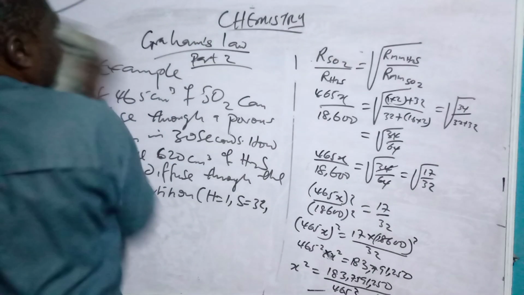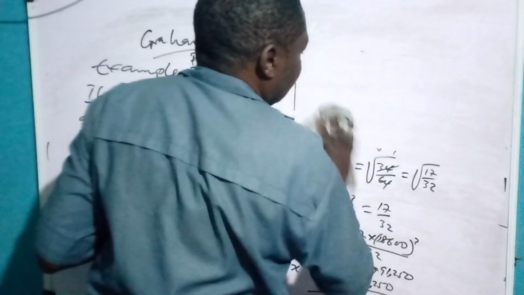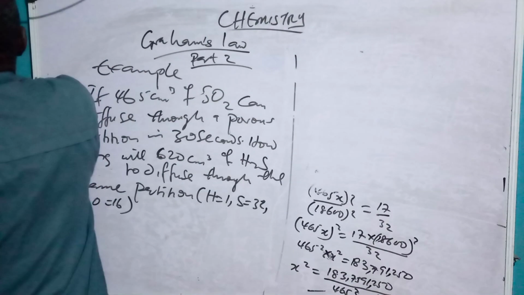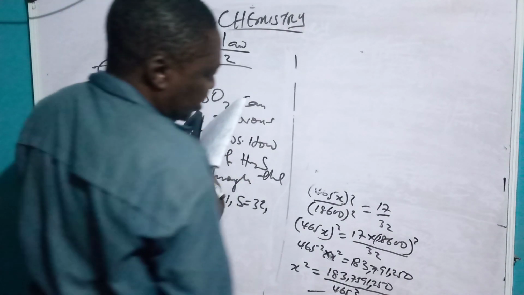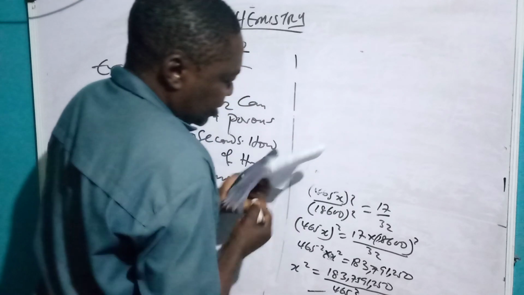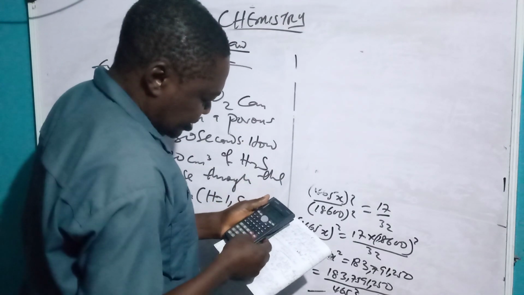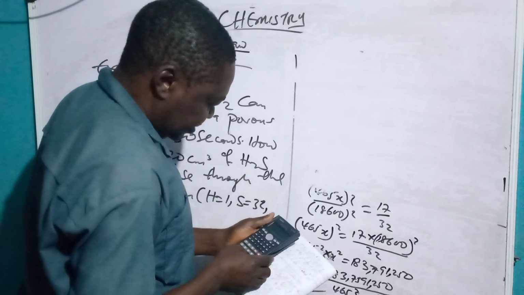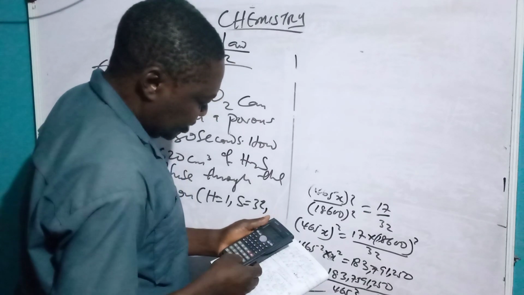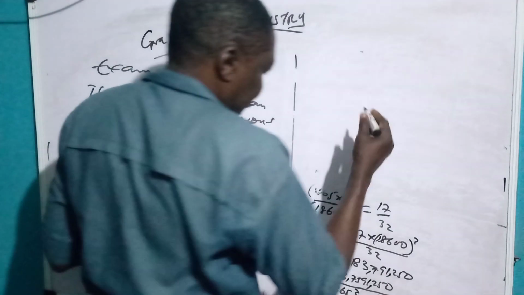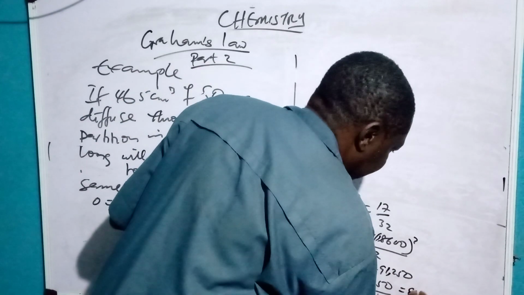Whichever method you use for your evaluation is acceptable. Any way you can do your evaluation is also correct. So you divide the value by 465 squared. 465 squared gives you 850.